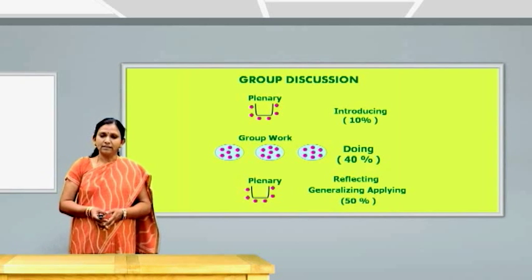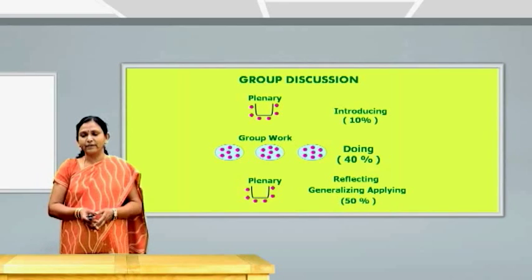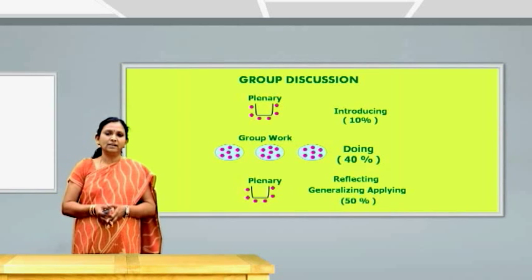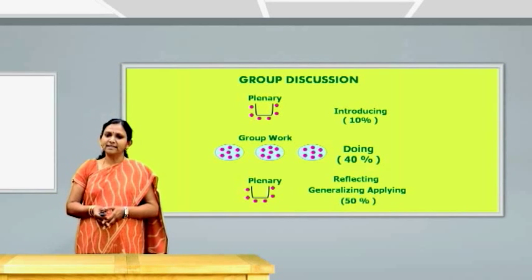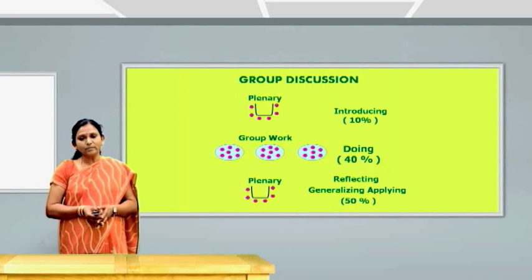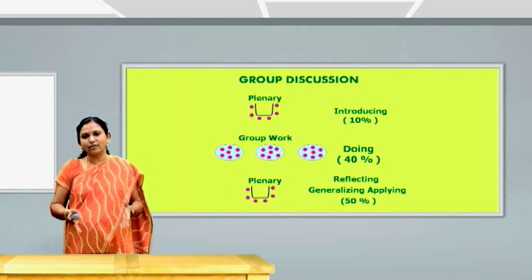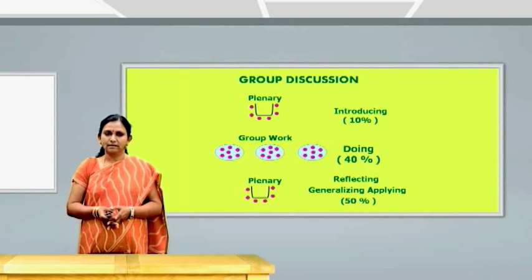In a group discussion, first the trainer introduces the topic in a plenary session where all the groups are meeting in the training hall. A small lecturette is given for introducing the topic. Then the groups get into their independent group rooms, or stay within the training hall if the space is sufficient.